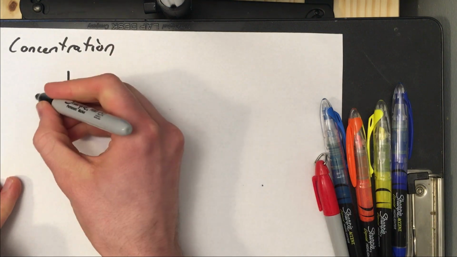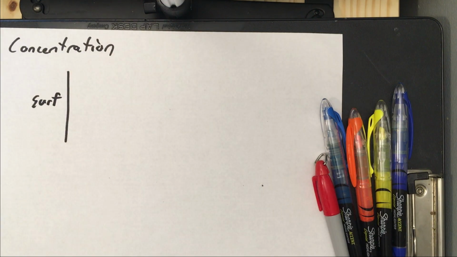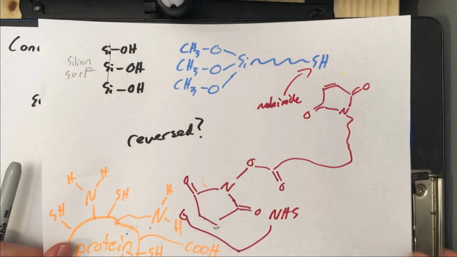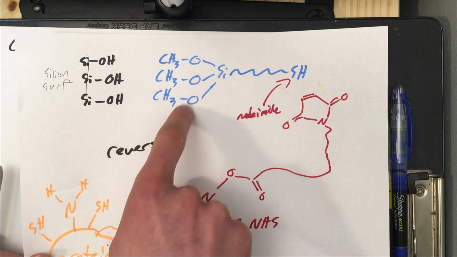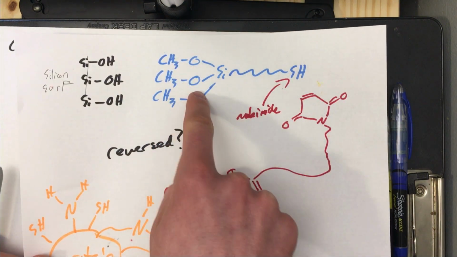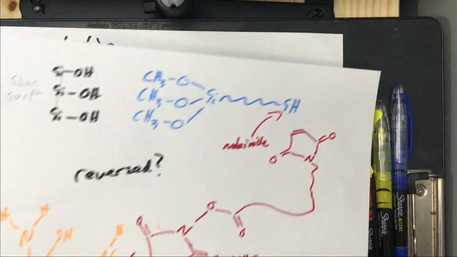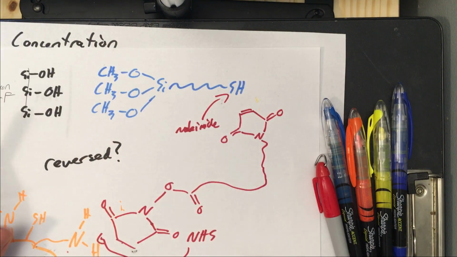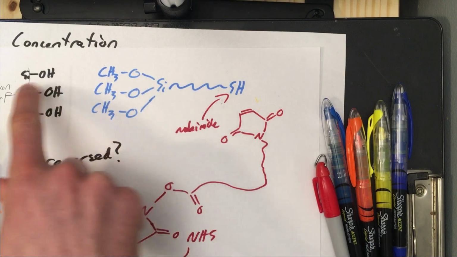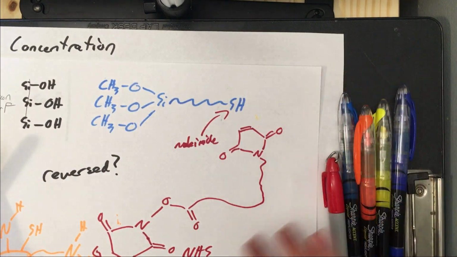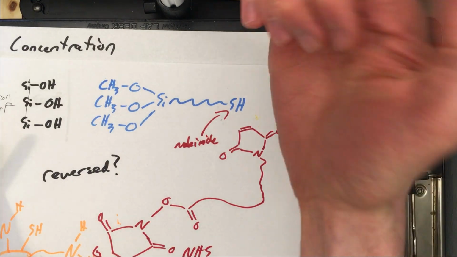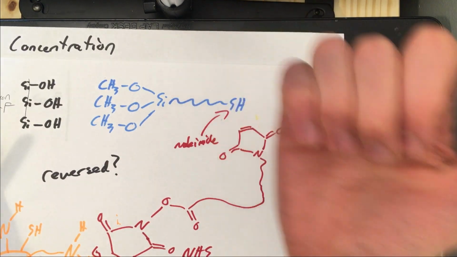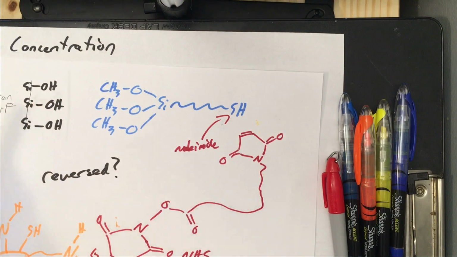So, if we think about concentration, imagine I have my surface, and if we fall back on this very first step, where I wanted to attach some of this linking molecule right here to the surface, I might want to pay very careful consideration to how much of this reagent I put on the surface, or in a sense, what concentration of this reagent I have in the solution that I pipette onto the surface, right?